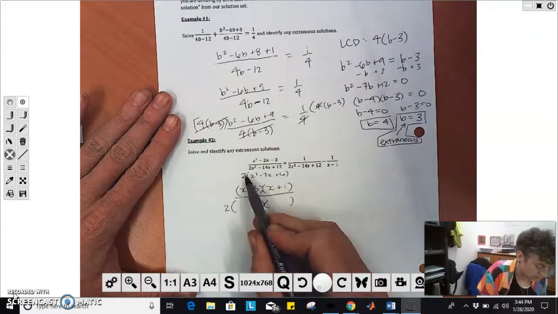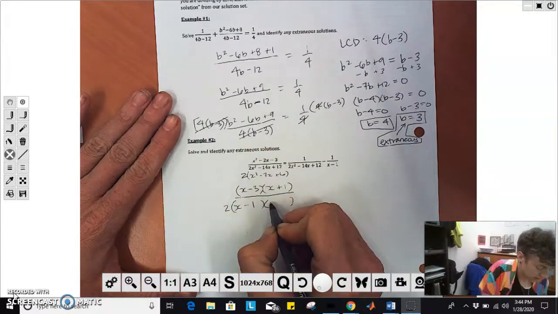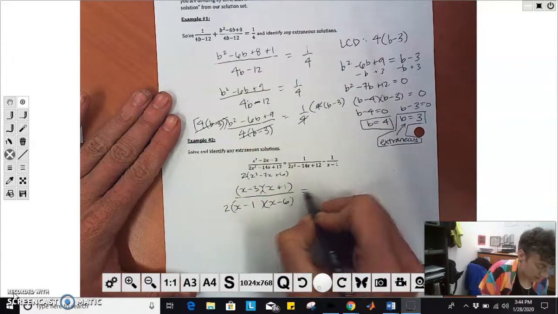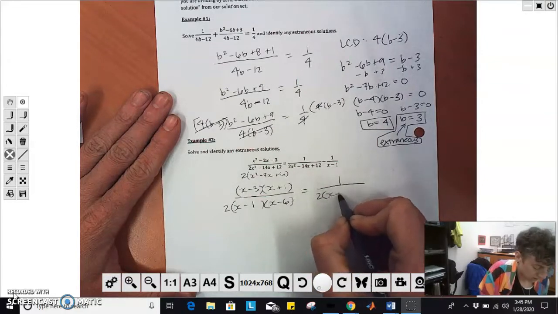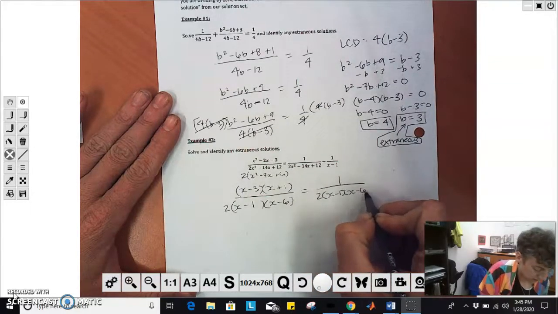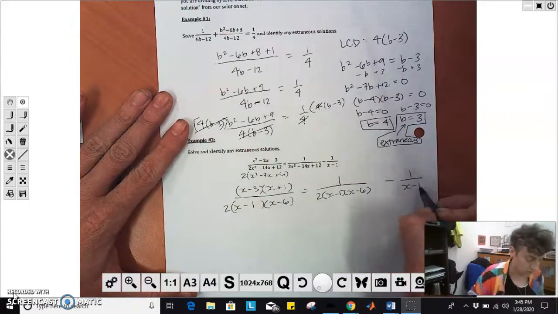So I'll put that 2 here, so this will factor to x minus 1 and x minus 6. Same thing's going to happen over here. 2 times quantity x minus 1 times x minus 6 minus 1 over x minus 1.